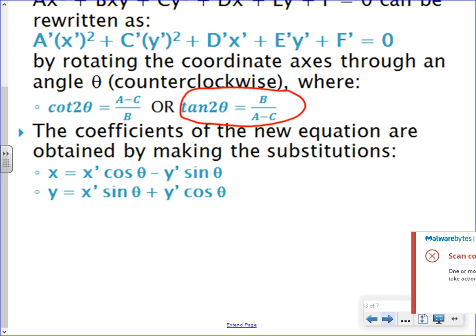We are going to get this into x primes and y primes by making these two substitutions. Trig is coming back full force in this chapter.